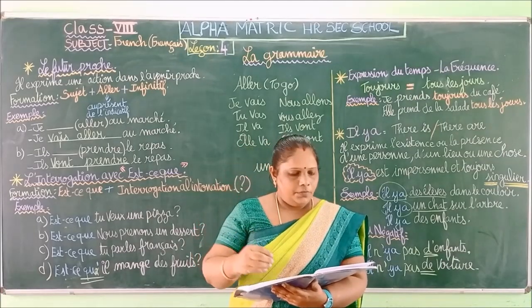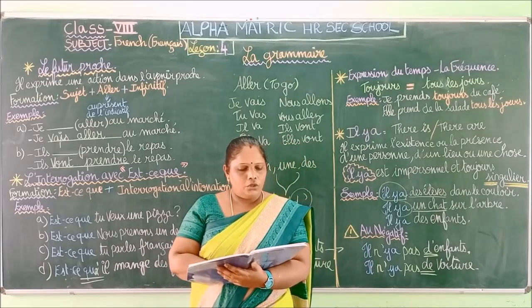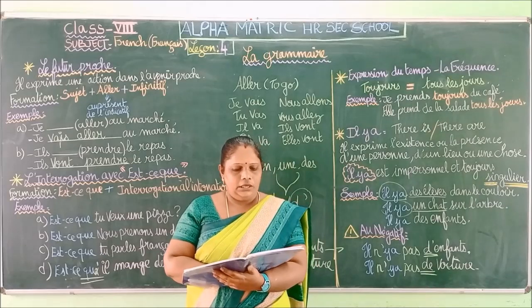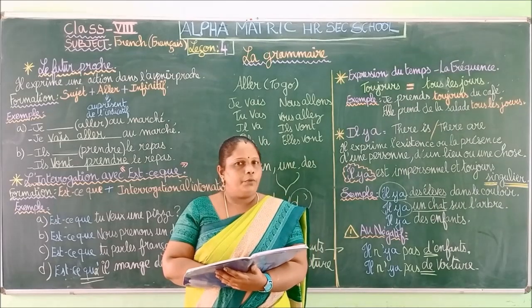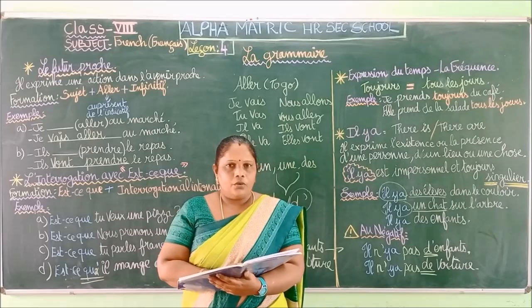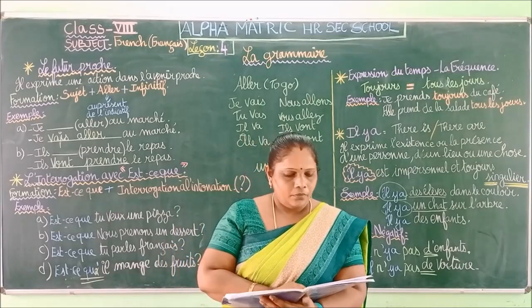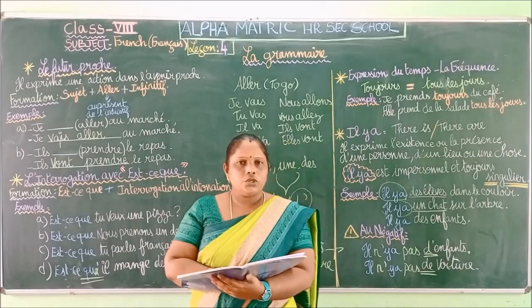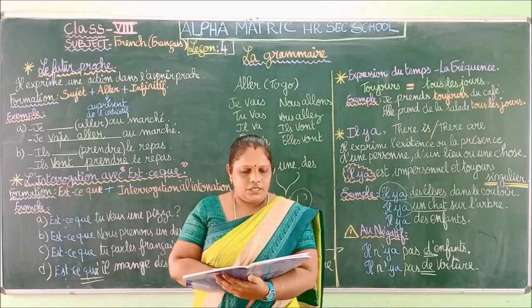So the first one is: le garçon prend du temps pour apporter les repas. The boy takes time to bring the plates. Okay, les repas means the plates, the dishes. Je choisis une pizza. I choose a pizza.